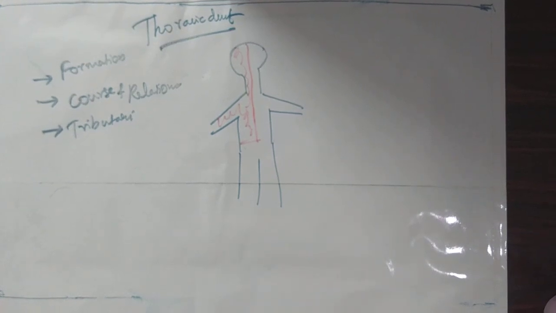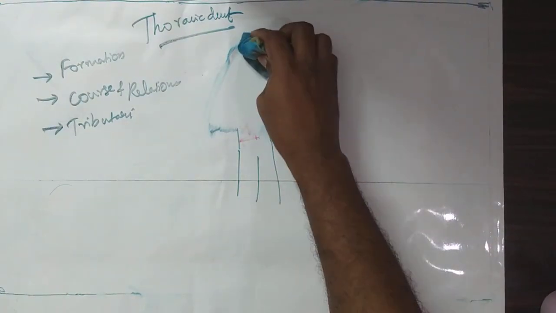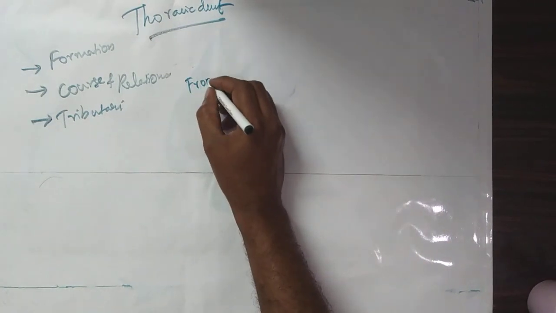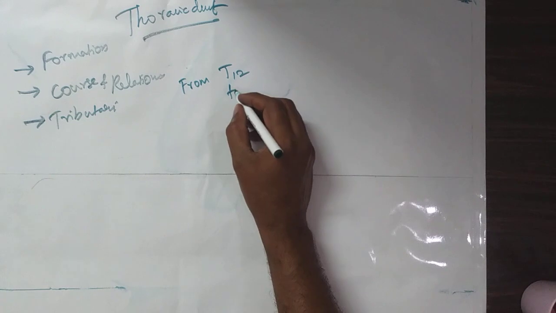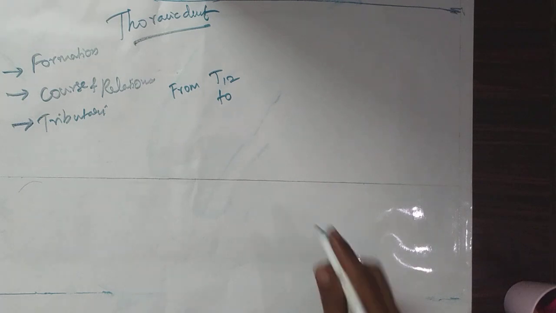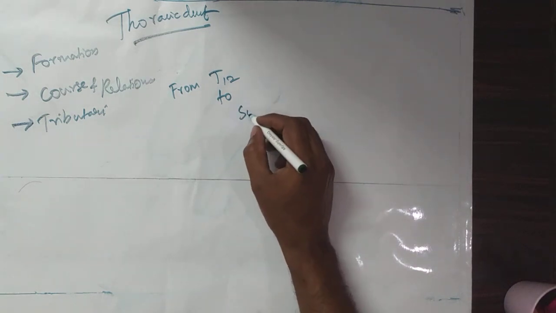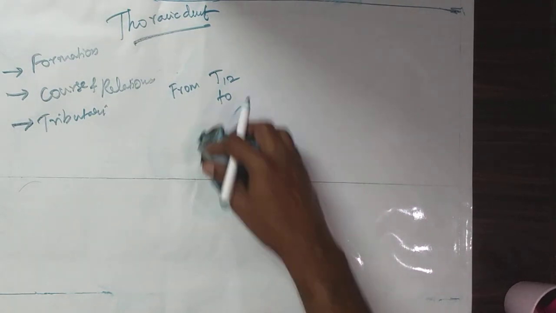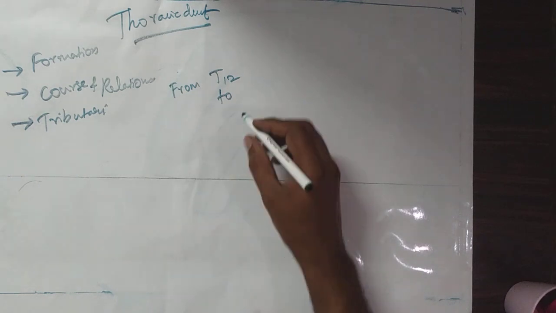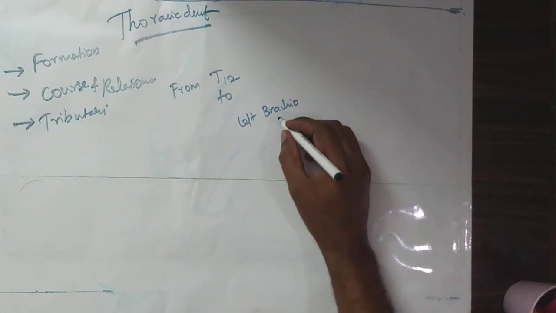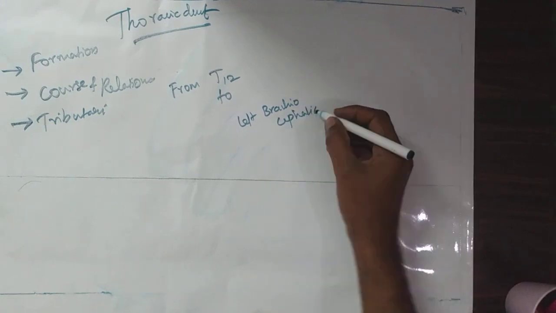So how is it formed and what is the extent of it? It's extending from the 12th thoracic vertebra, that is from T12, to the cervical region, where it will be draining near the junction where the internal jugular vein and the subclavian vein are fusing to form the left brachiocephalic vein.